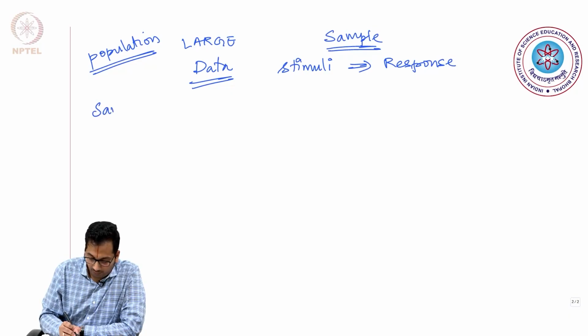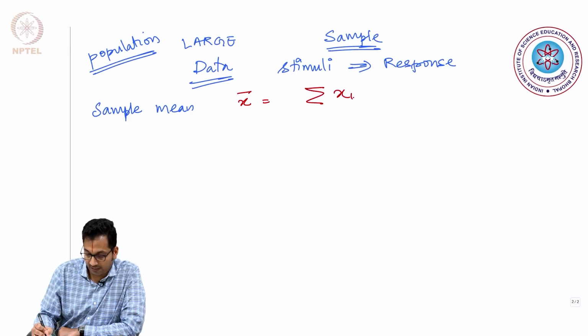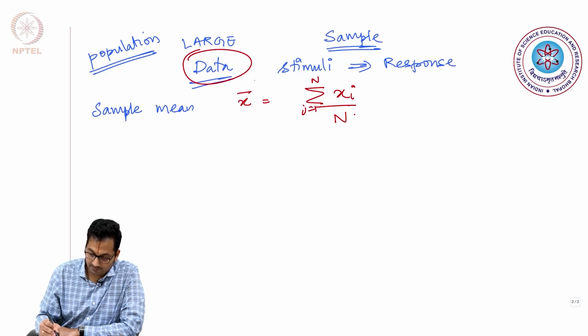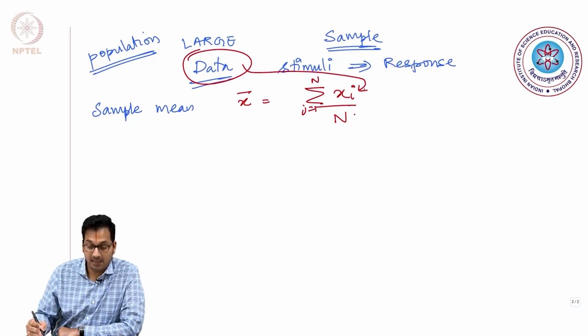We defined the sample mean. The sample mean was defined as x bar equals the summation over xi divided by n, with i from 1 to n, where xi is the data and n is the total number of measurements.